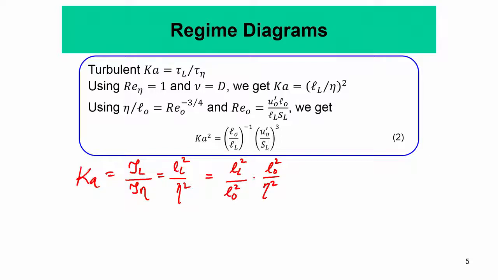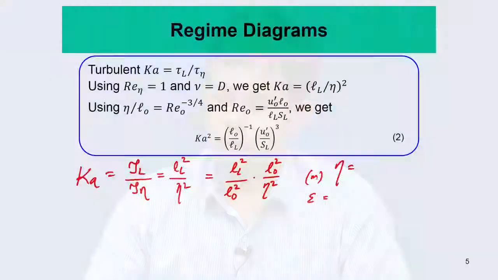Now, for that we have to find out essentially what eta is. If you remember the definition, once again going to Kolmogorov's first similarity hypothesis, eta should be based only on nu, the kinematic viscosity, and the turbulent kinetic energy dissipation rate.